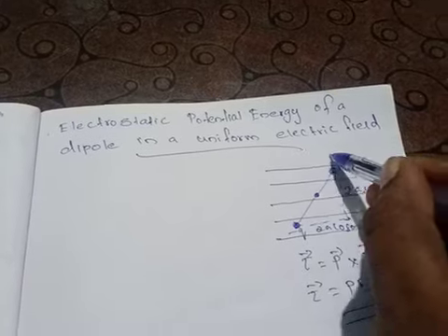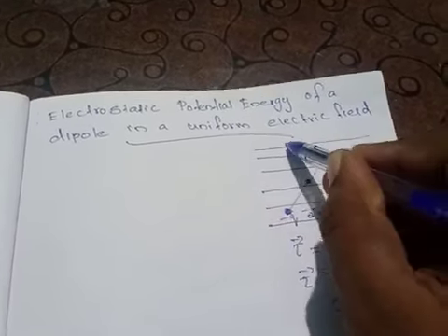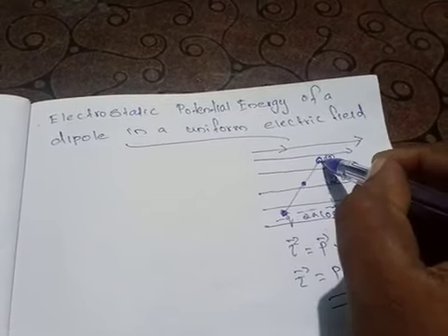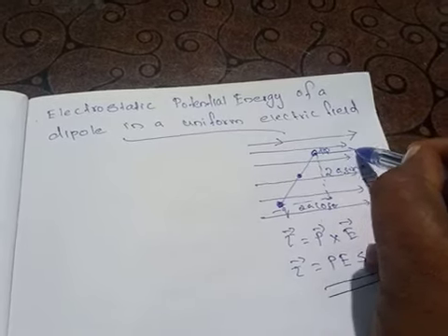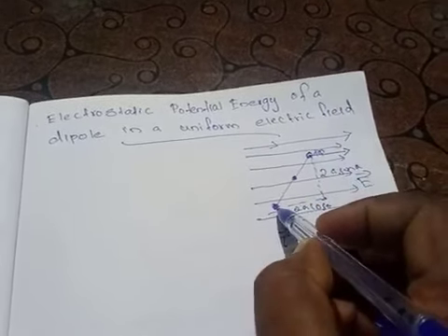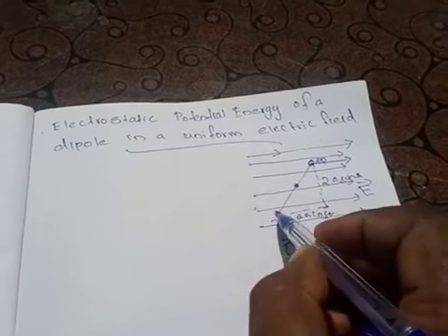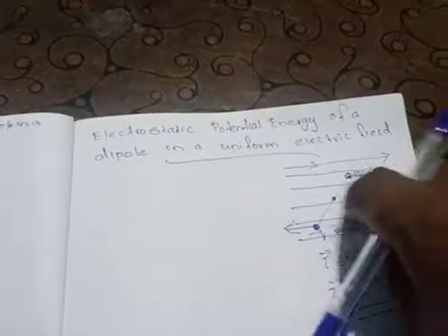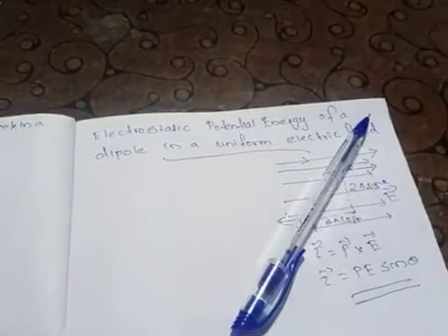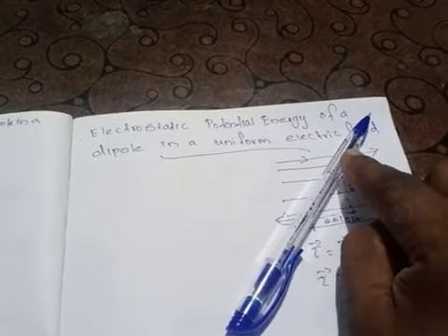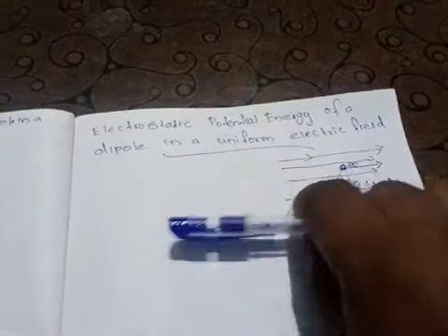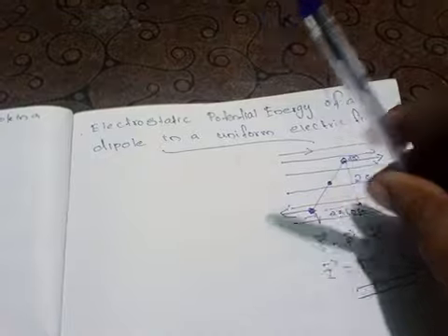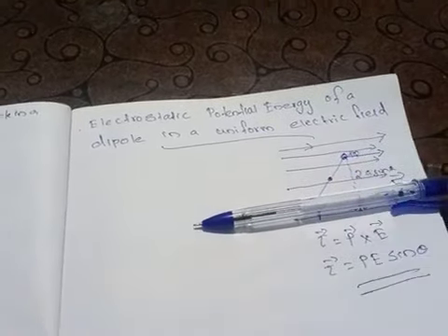The electric field line is moving from here to here, positive to negative. So here the positive charge will go towards the negative side, and here the negative charge will go towards the positive side, isn't it? So it will rotate. Now it is like this. Assume that at this end there is a force in this direction, and at the other end there is a force in the opposite direction.